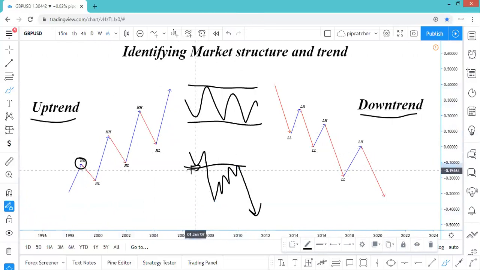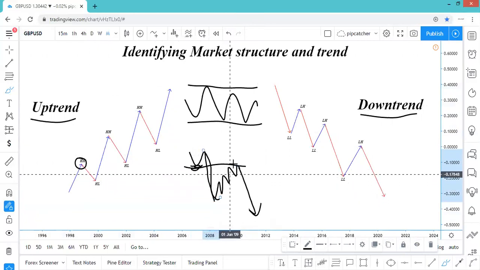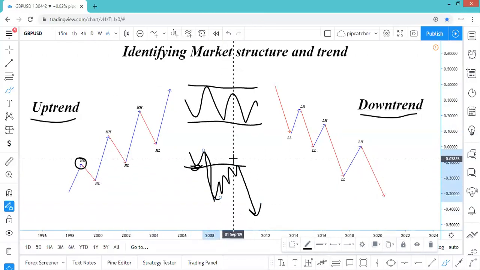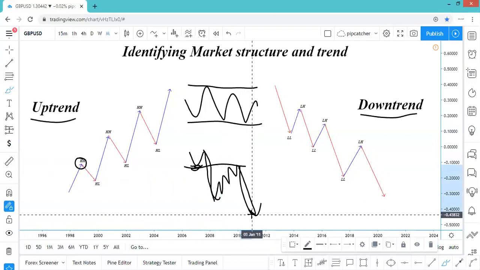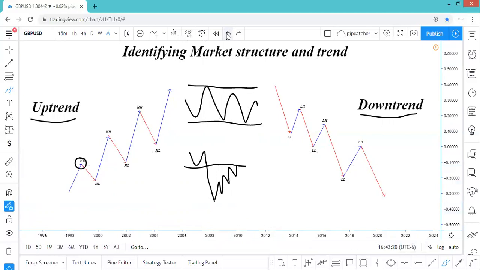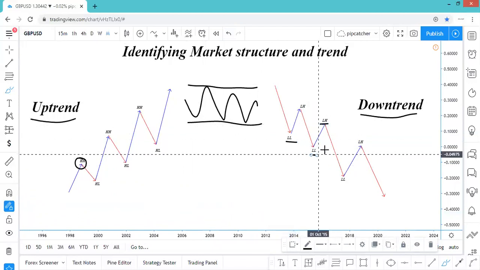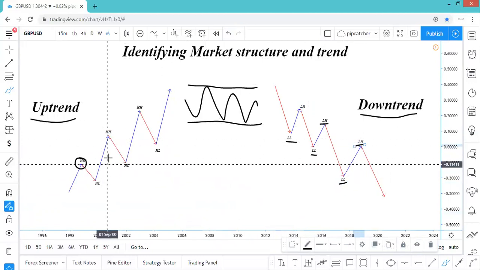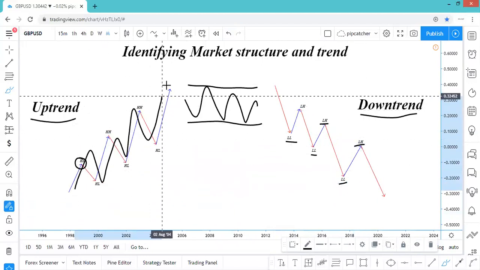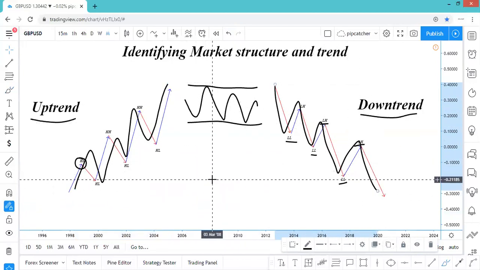The market had broken this previous low and retraced back up into the area, and then trades back to the downside, continuing that lower low and lower high and lower low, and that cycle, right? This is the basic cycle of market structure.